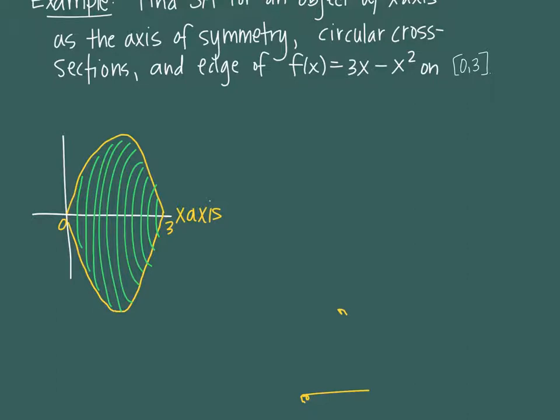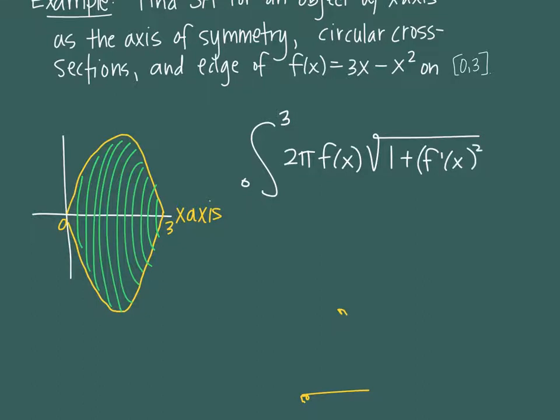So we want to find the surface area of this. So just using the formula, 0 to 3 are my bounds. 2 pi, I'll do my square root at the end. 2 pi f of x times the square root of 1 plus f prime of x squared dx.